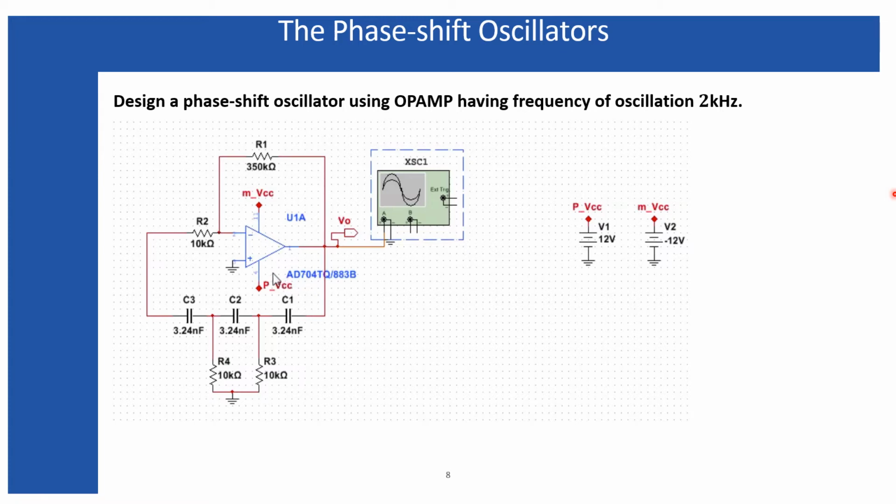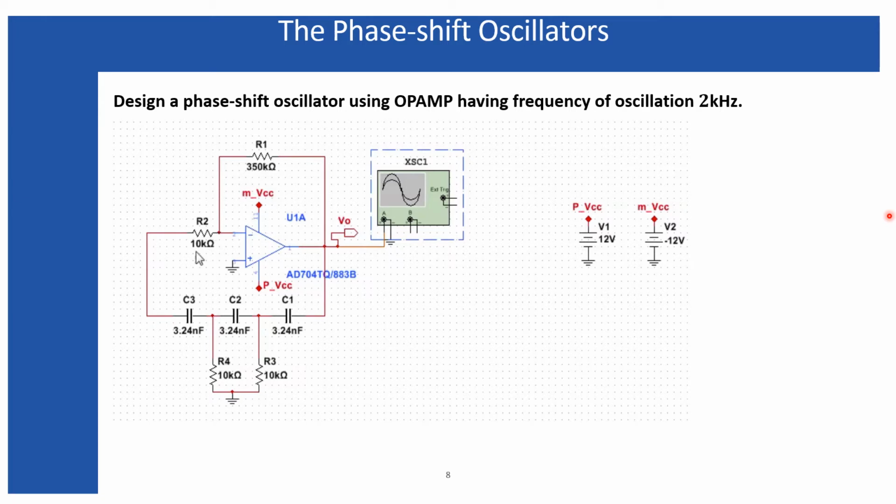But practically, if you are going to use that circuit I have represented on the right hand side, it may not work based on the design I have done in the previous slide, because in that case one 10 kilo ohm resistance will appear from this terminal to the ground, and another 10 kilo ohm resistance, which is mentioned as R1 in the diagram, will be connected from this terminal to the virtual ground.